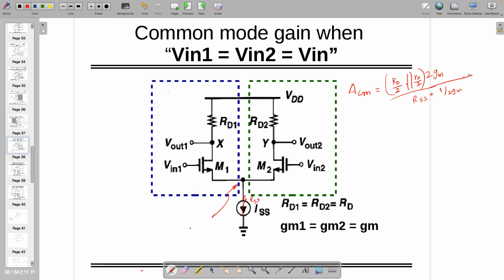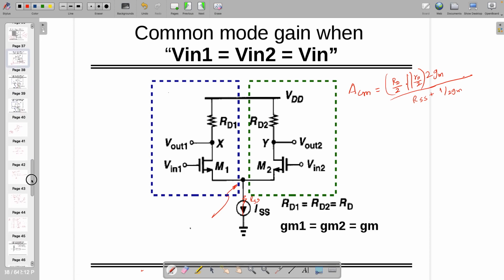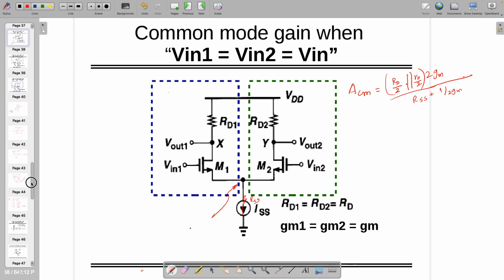Is it correct? Two resistances are in parallel, RO, RO. So RO by 2. Two GMs are in parallel, so 2GM. And this is RD, RD parallel, so RD by 2. So the top resistance, like RSS, will be included when we are looking at RO.